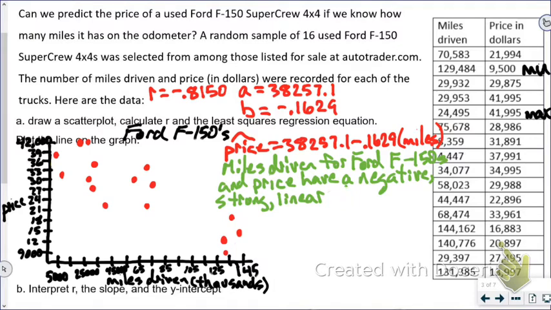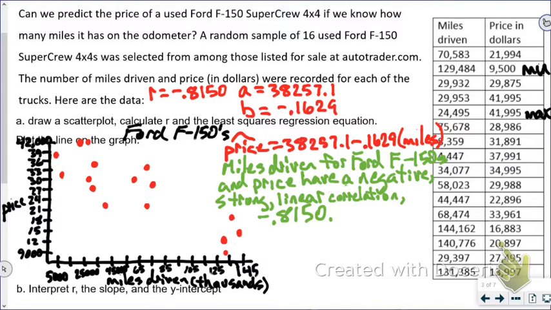Let's say correlation. I mean, you could say relationship, but I want to be more specific. Correlation, and then I'll just say comma, negative 0.8150. Should be familiar with that one.